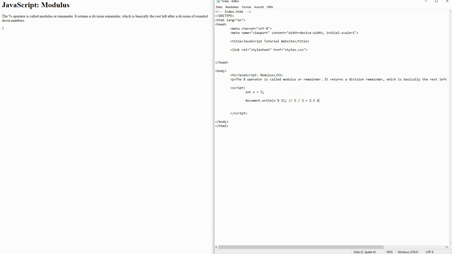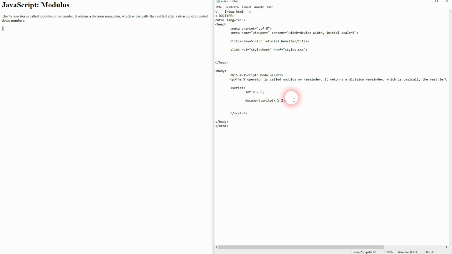But the remainder divides it and then rounds it down, so 2.5 would become 2, and the 2 fits 2 times into 5, which is 4, and this leaves us a rest of 1. So therefore 5 remainder 2, x remainder 2, would result in a return of 1. Let me refresh my browser and here you can see it.